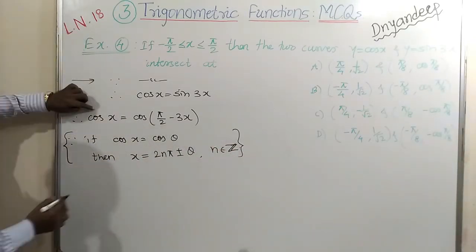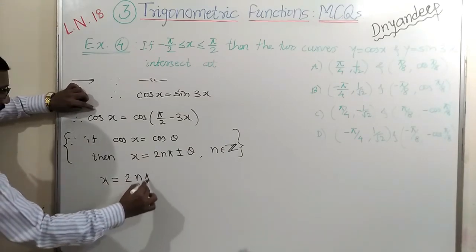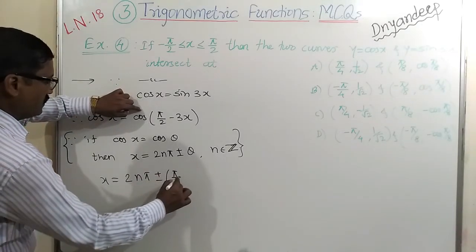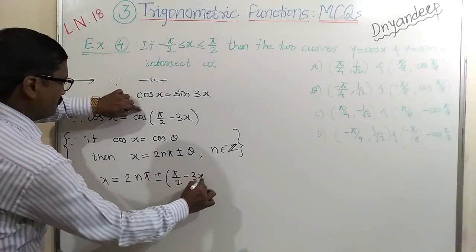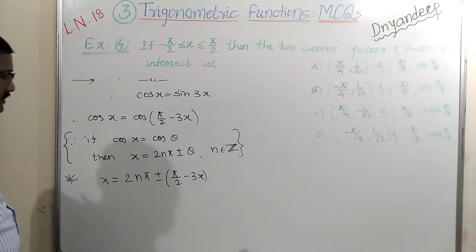So using this formula, we can write here x is equal to 2n pi plus minus pi by 2 minus 3x. Okay, that is the important solution. Now from that we have to find the values of x.